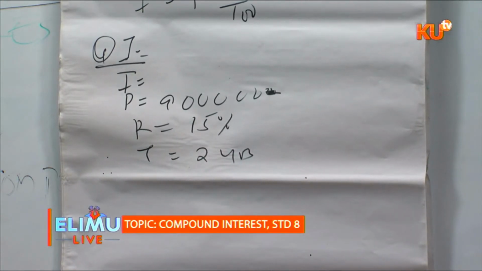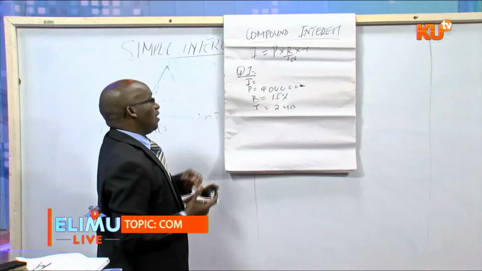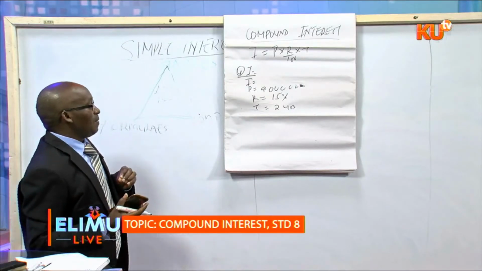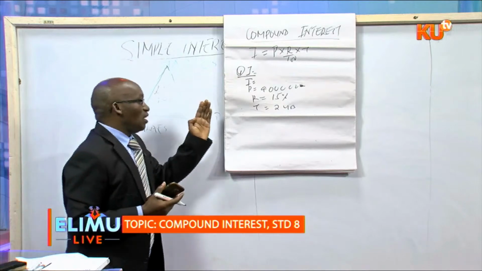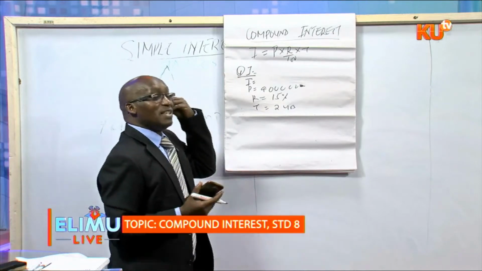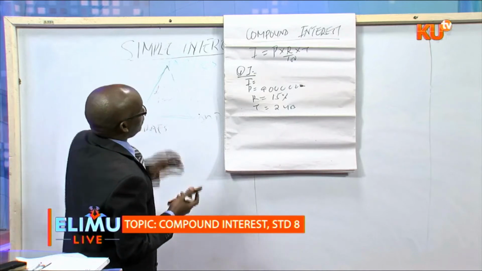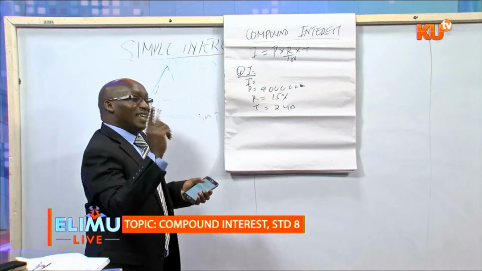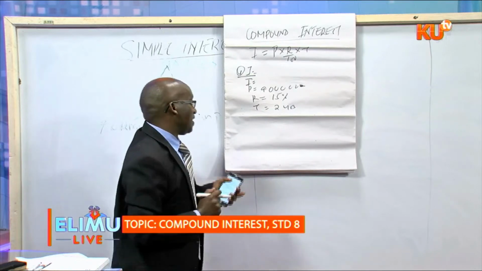Let's see the difference in approach when you're calculating compound interest, which is different from the approach used when you're calculating simple interest. And so, with compound interest, interest is calculated on yearly basis.